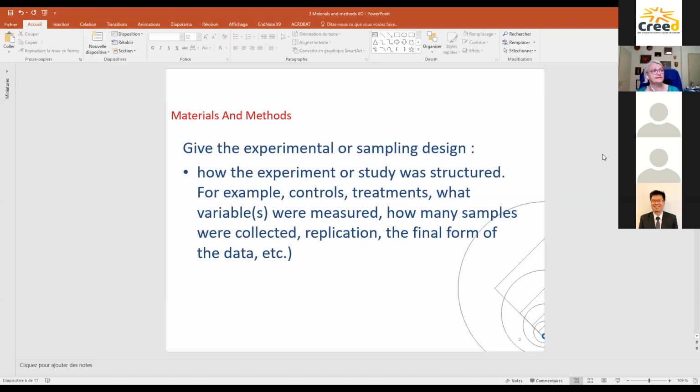You would explain how your study is structured in terms of the control. What controls did you use? What treatments? What variables were measured? How many samples? How much replication? How the data is presented.